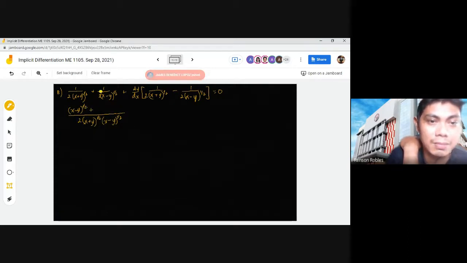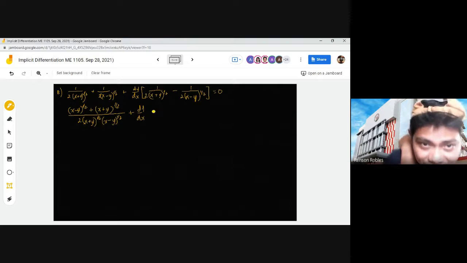Plus, you do the same here. So ito naman magiging x plus y raised to 1/2. Then plus dy dx. Actually, pwede nyo nang tanggalin yung 2 since lahat naman siya may 1/2. Then you get the LCD.